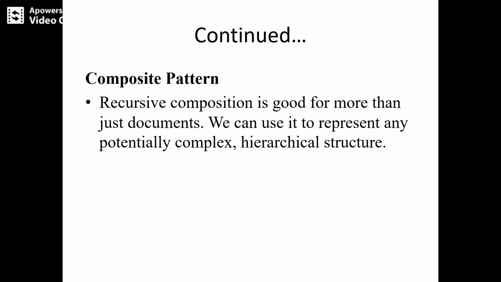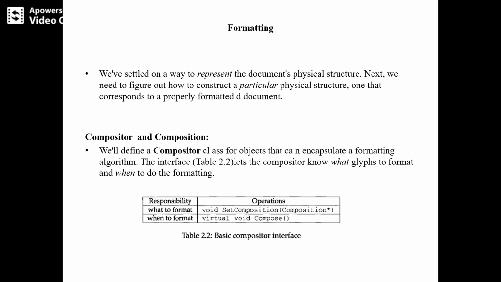The next part in this case study of designing a document editor is formatting. We have settled on a way to represent the document's physical structure. Next we need to figure out how to construct a particular physical structure, one that corresponds to a properly formatted document.